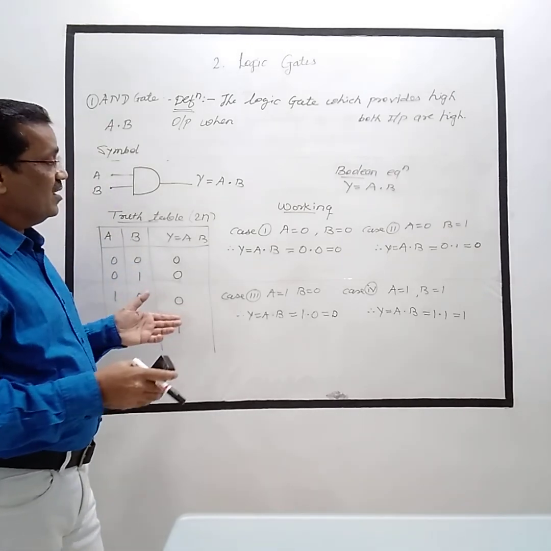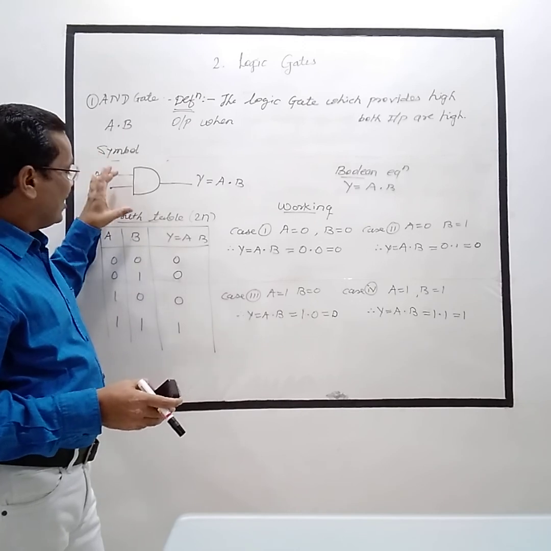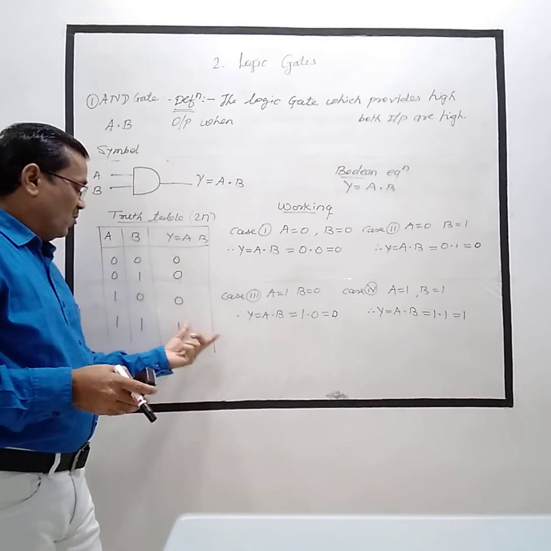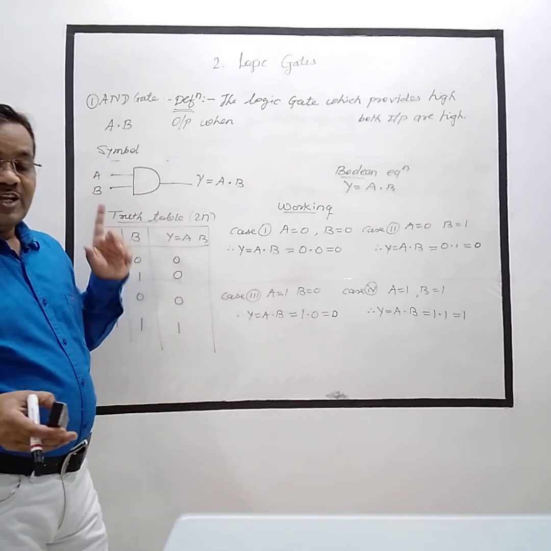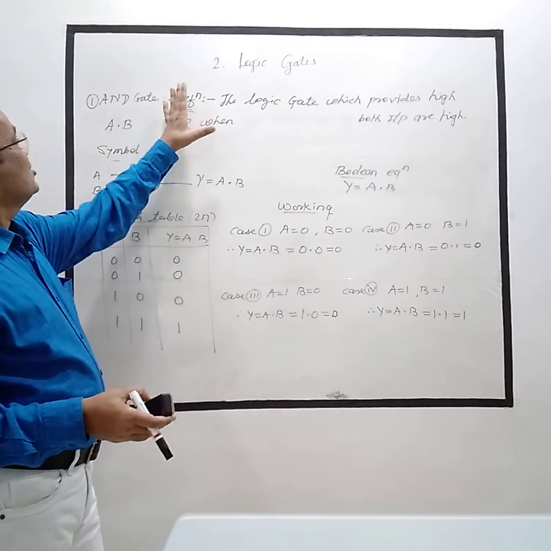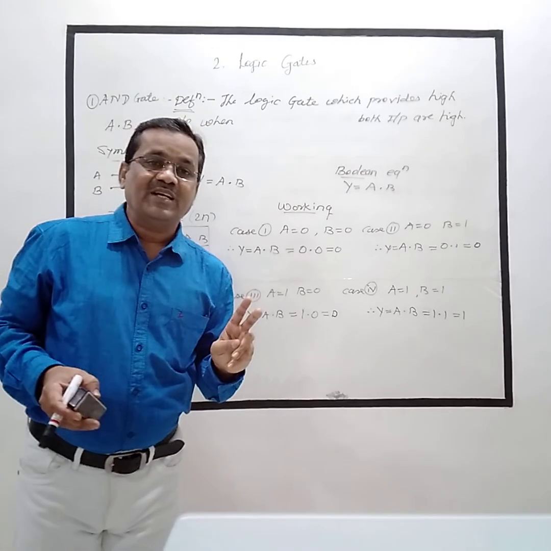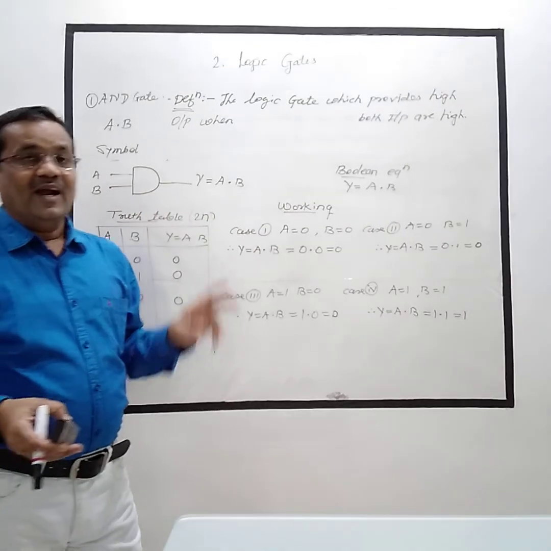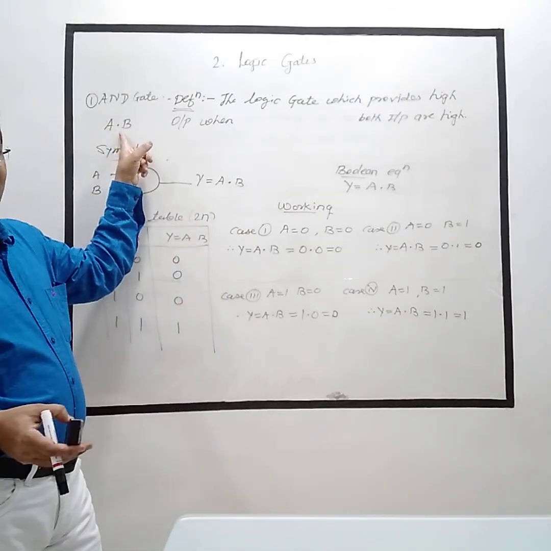So in this way we can find out the output for different combinations of inputs. This is the second basic gate, the AND gate. AND means ANDing, multiplying.